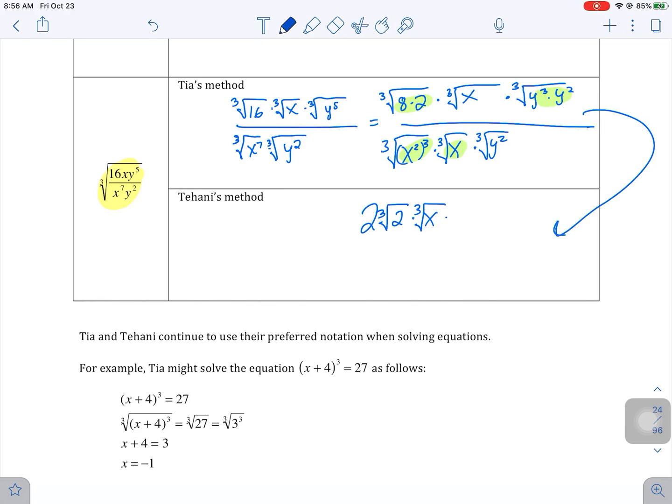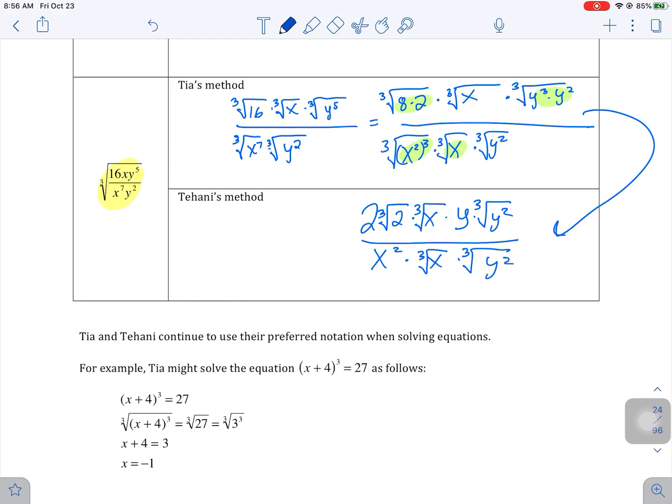And this is going to be times y, because the cube root of y cubed, times the cube root of y squared. And then on the other one, the cube root of x squared cubed is x squared, times the cube root of x, times the cube root of y squared.